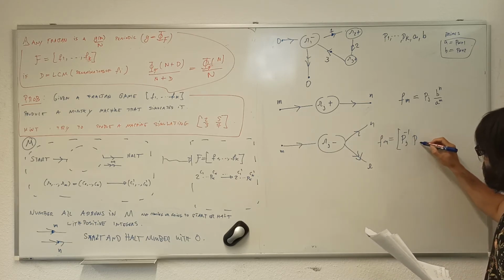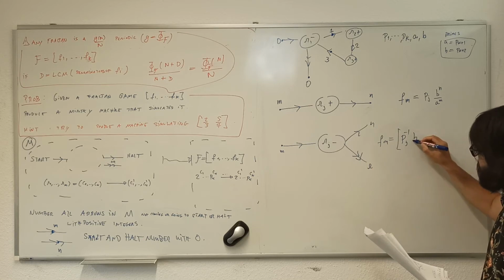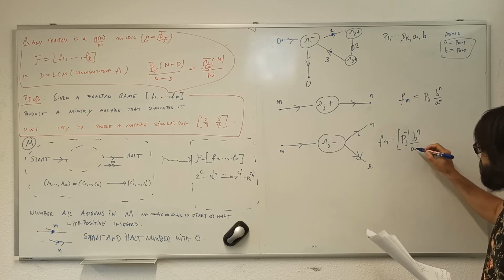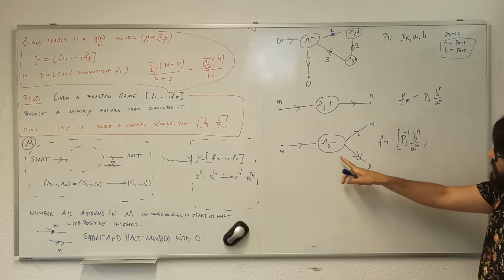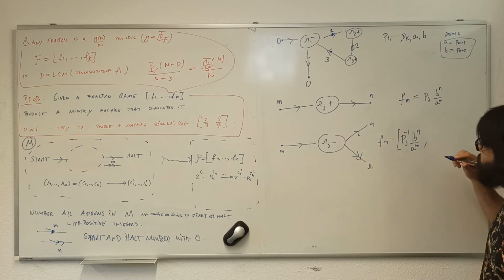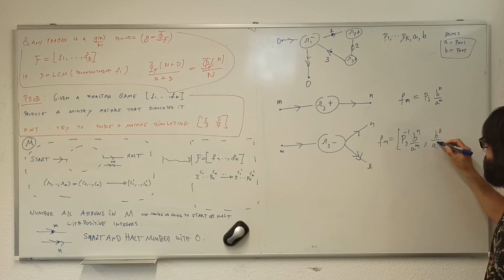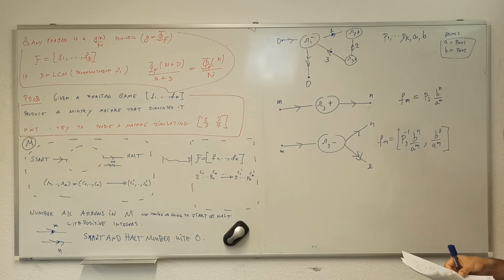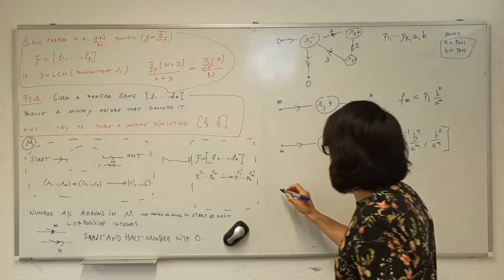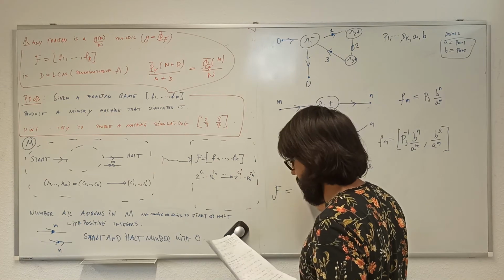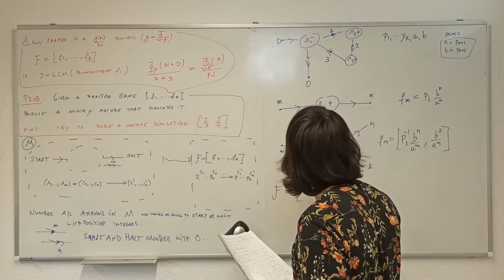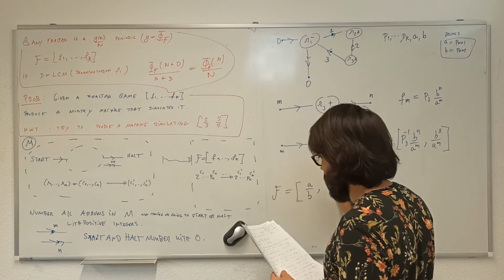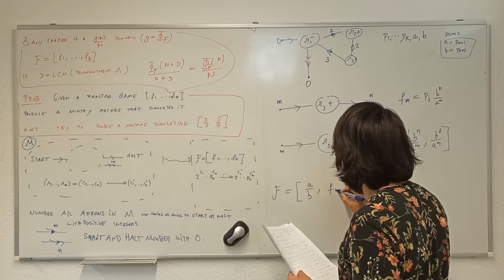And then I put b to the n, over a to the m. But then maybe I don't do anything, so I don't put b, and I just put p to the l, over a to the m. You have these pair of fractions. Okay. So then the FRACTRAN game will be the fraction a over b, and then here you put f m.